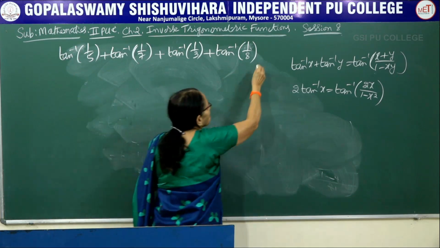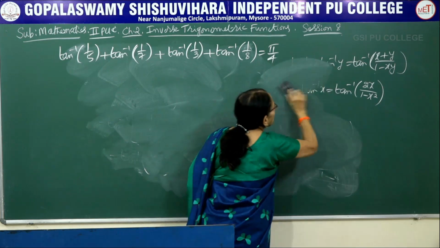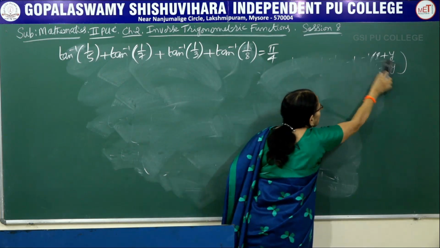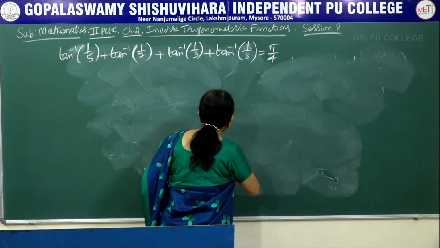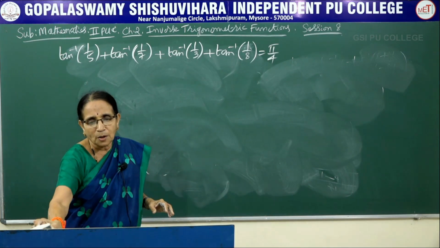The right hand side, a standard angle has been given, that is pi by 4. So you have to prove that the simplification of the left hand side gives us an angle pi by 4.